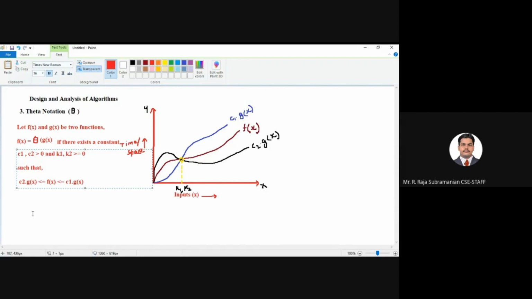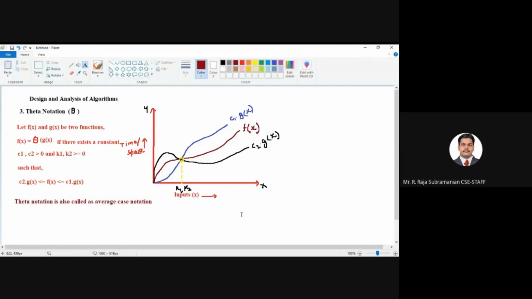So on the whole, theta notation is also called average case notation. Hope I made it clear. Is it good?